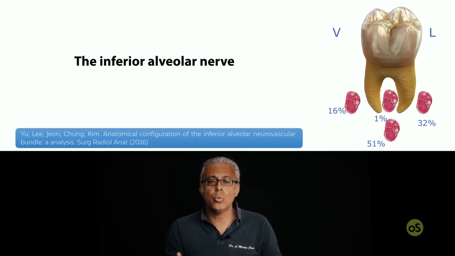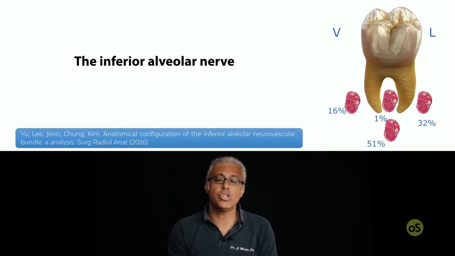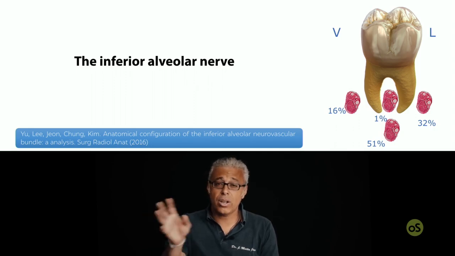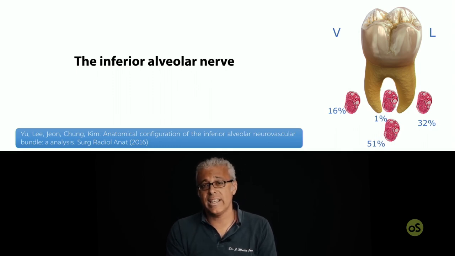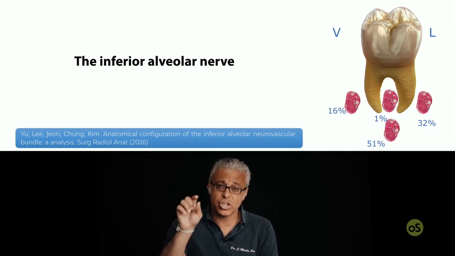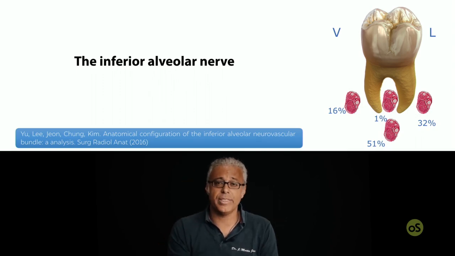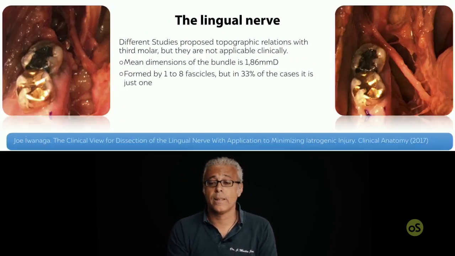And then we have the two issues that can frighten us, which are the buccal aspect of the nerve, which is in 16% of the cases, and fortunately and luckily in 1% just interradicular, so in between the two roots.